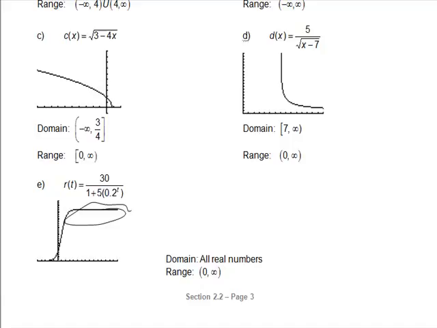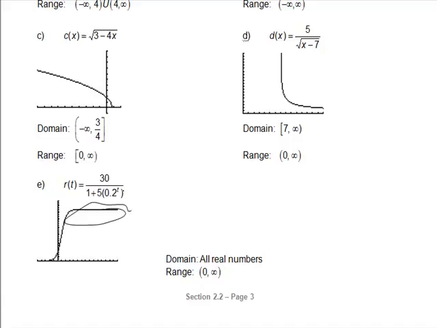If I take 0.2 and I square it, that gives me 0.04. It doesn't take too many of those to realize that this 0.2 to the t for larger and larger t's is going to go to 0. So this piece is going to go to 0. So I'm going to have 30 over something that's going to 1 plus 0. So it appears this is going to go to 30.